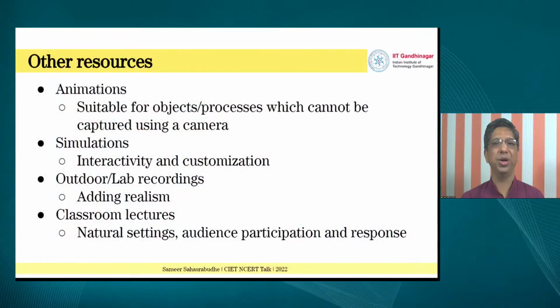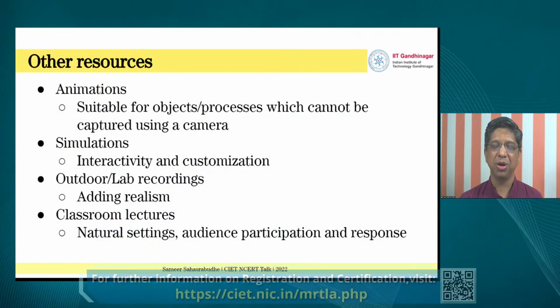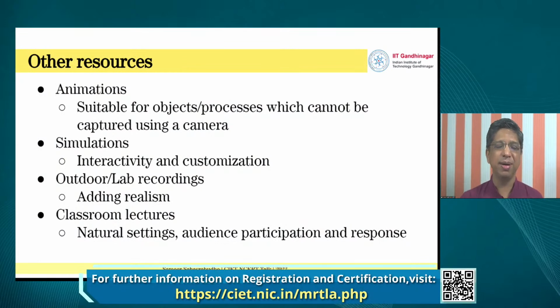Because if you can shoot by camera, please go for it as the first option, because that is more believable, as I said in my first lecture also, and it looks very approachable. Any viewer watching it feels, okay, this is something I've seen already. If you create a graphical representation of the same thing, it starts looking alien and too technical to me, and in the end, the communication is something that gets hampered.